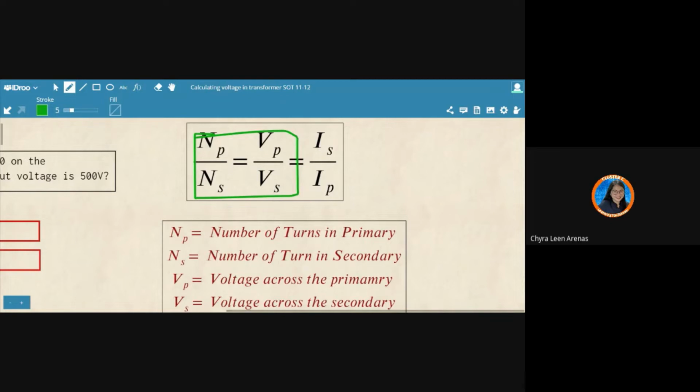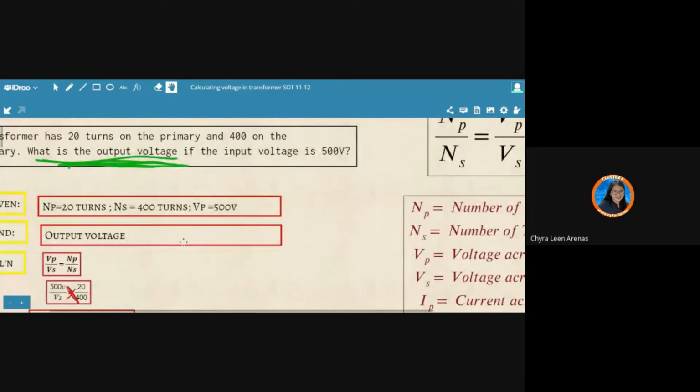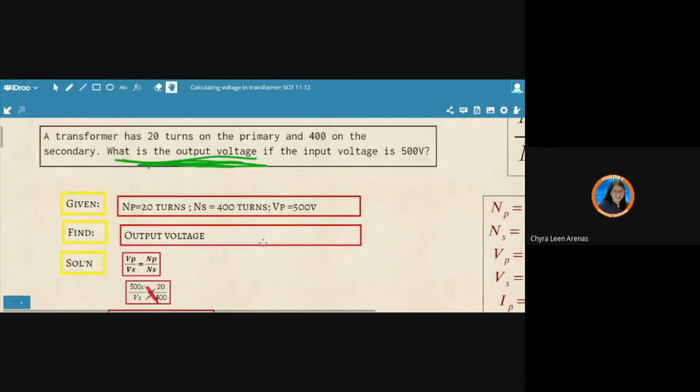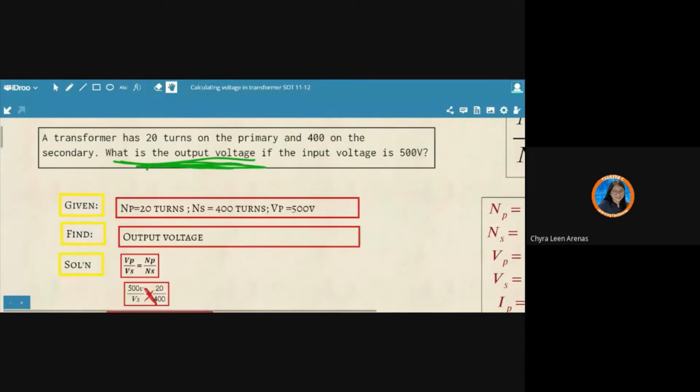So don't be confused. This is the good formula that we are going to use. So we have here VP over VS equal to NP over NS. Vice versa, either can be the first one. No worries on that part.